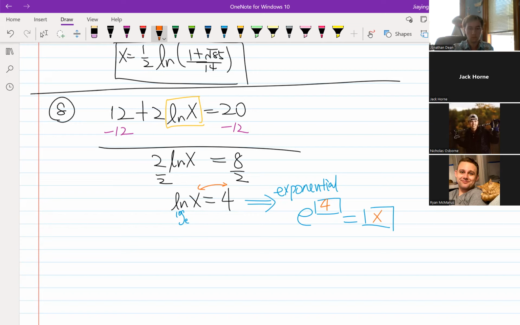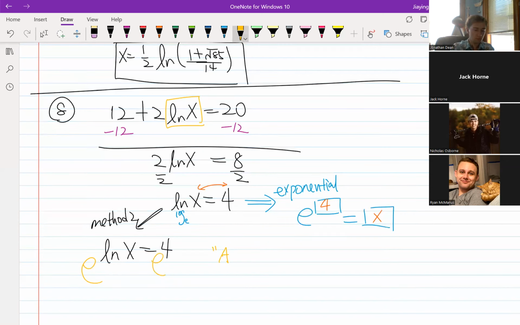You probably think, okay, that's really easy. Nice, right? But the second method, I still want to explain it to you, because sometimes it could be useful as well. So the second way to do it is to think, okay, so here I have natural log of x equals 4. Natural log has a base e. So what I'm going to do is take both sides of the equation and treat them as exponents with the same base. So I'm going to add a base e on both sides.